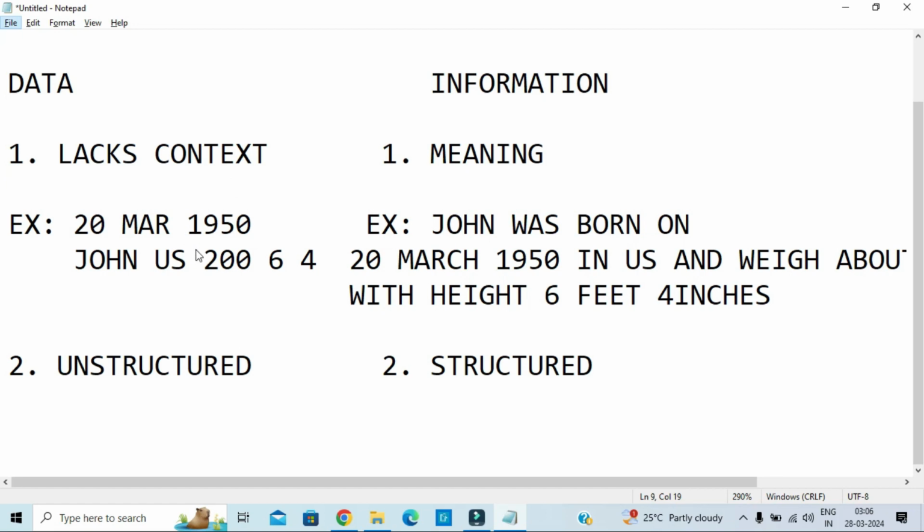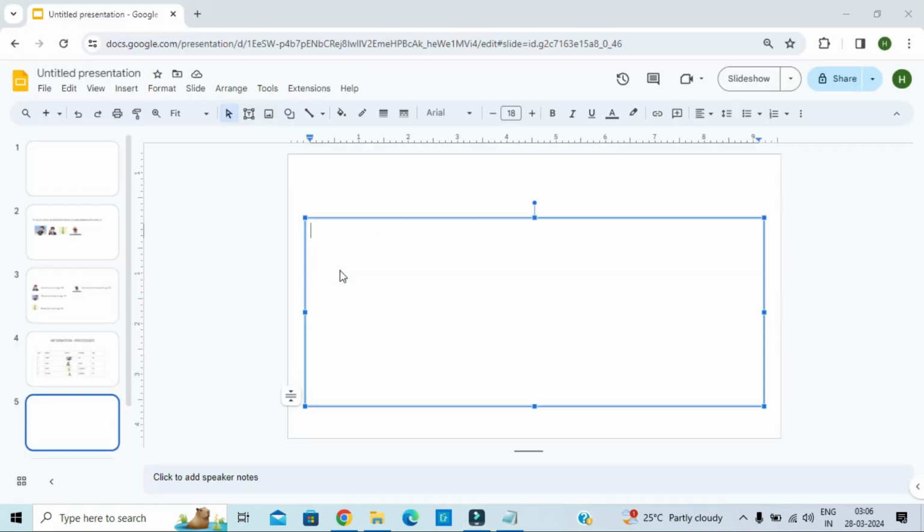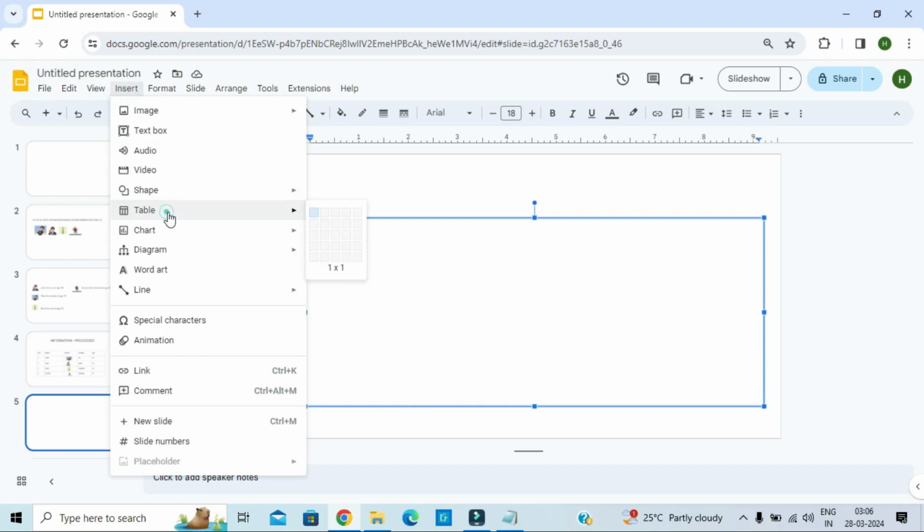I'm going to convert this data into a structured format. Just look at this. I'm going to create a table.